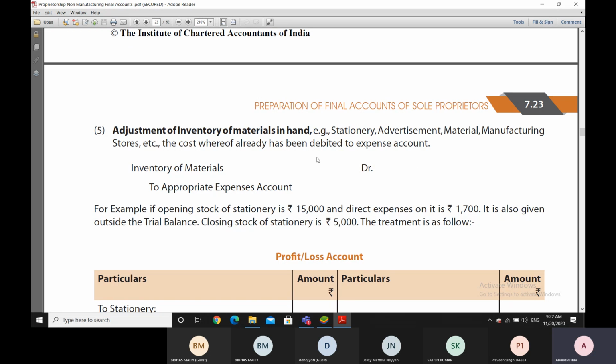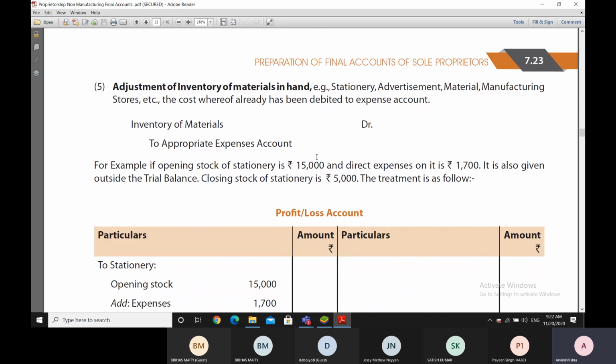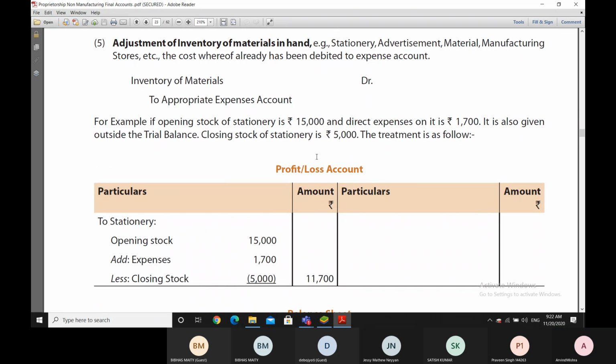So since these amounts of inventories are already debited to the expense account, what we do is we debit the inventory of the material account and we credit the appropriate expense account.